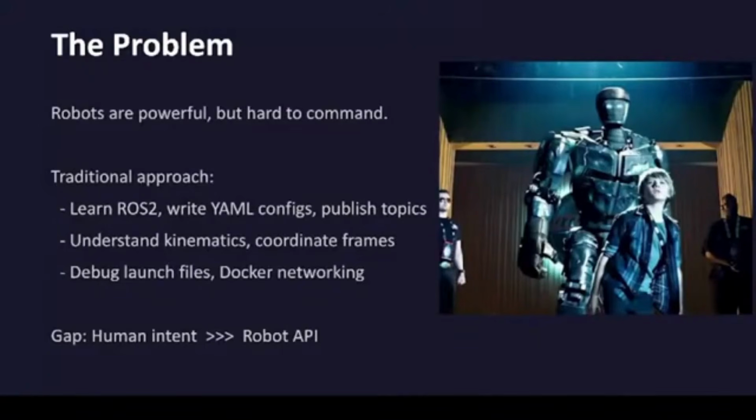If you understand all of these things, you should build the YAML configuration, launch them, and so on. On the other end, you should understand kinematics. You should understand how to build guardrails for your coordinate frames.